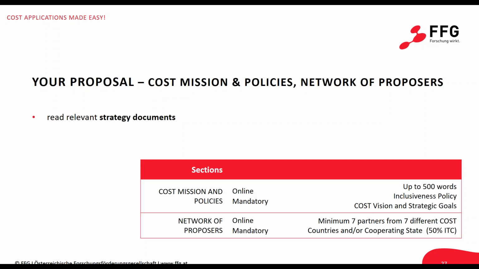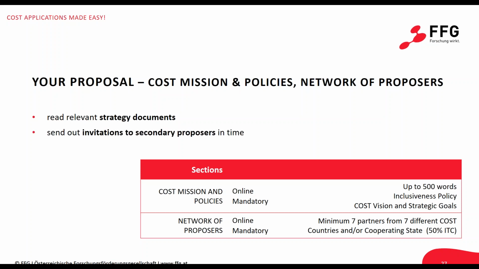So if you want to really do good work and really be among the top proposals, then it might be advisable to also read the COST vision and strategic goals document, which you will also find online, and to get acquainted a bit with the COST strategy and where they are heading and what is important for them, to get to know the program a little bit better. I think that may only bring you half a point, but sometimes this really makes the difference. So here our tip is to read the relevant strategy documents.